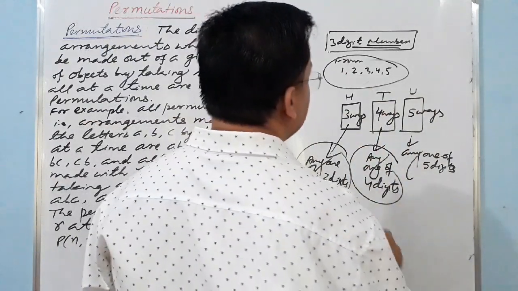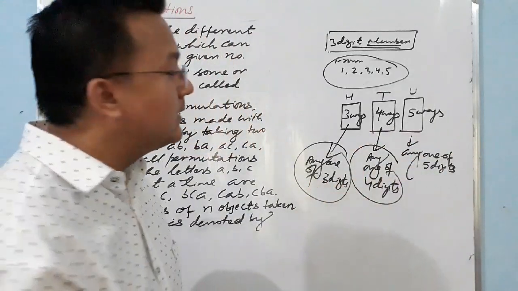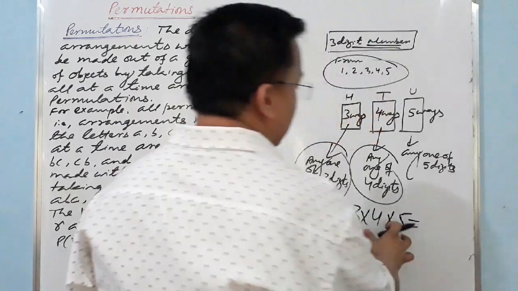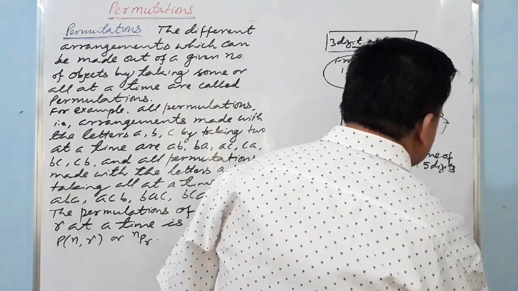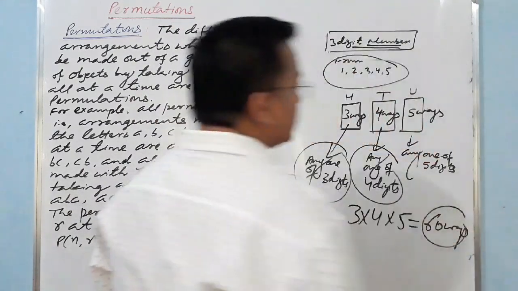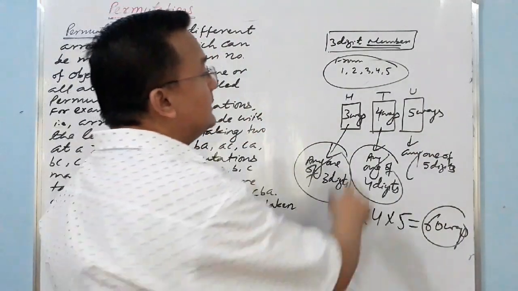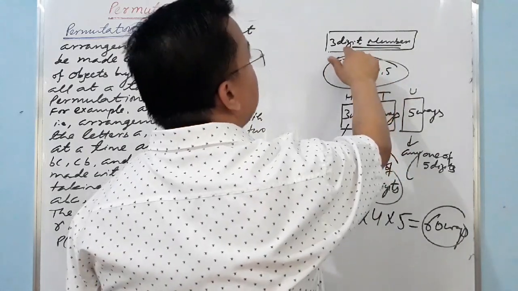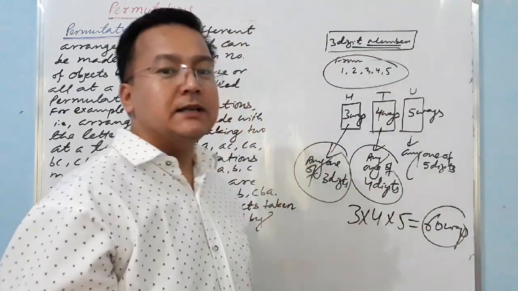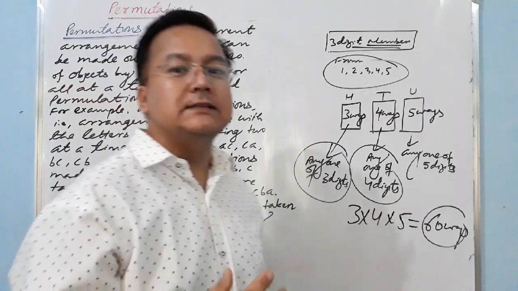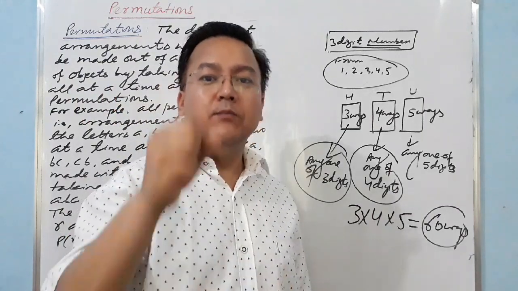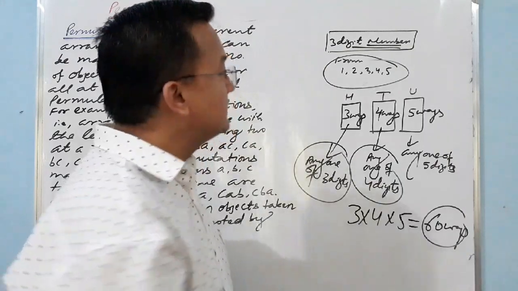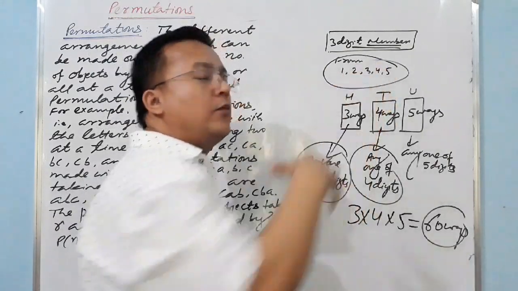By using the basic principle of counting, we write 3 times 4 times 5. 5 fours are 20, 20 threes are 60. So we can make a three-digit number in 60 ways. In another way, we can make 60 three-digit numbers from the given digits 1, 2, 3, 4, 5.